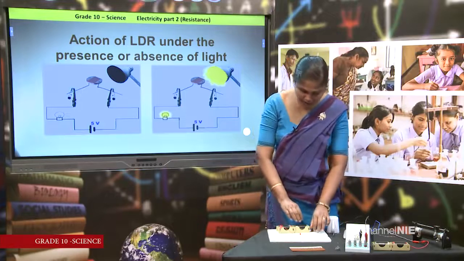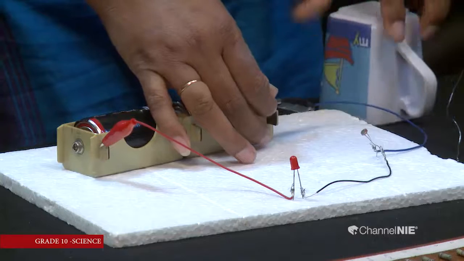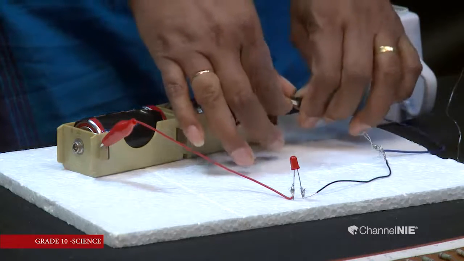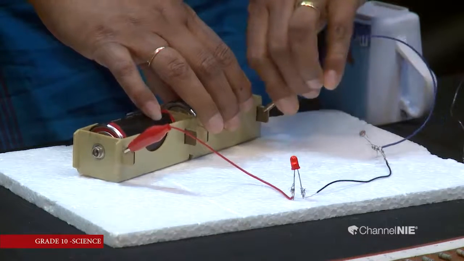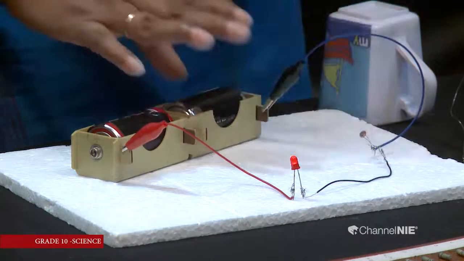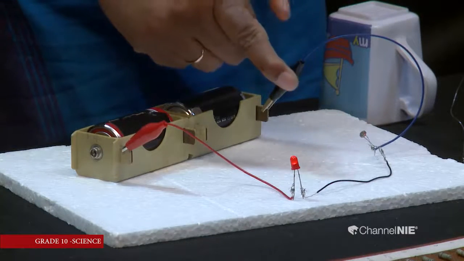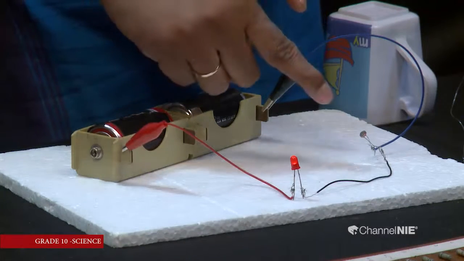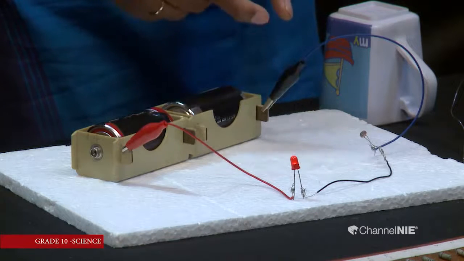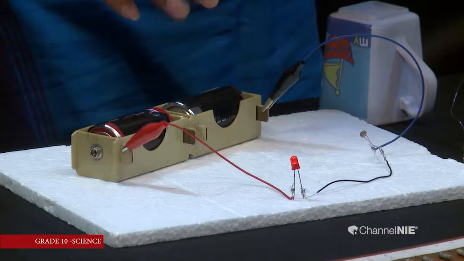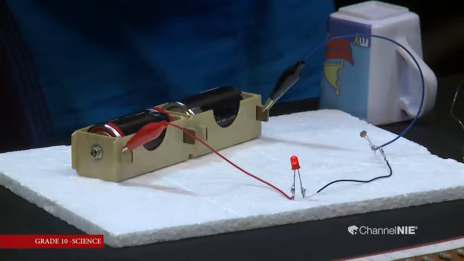Now, I am going to show you this, children. See, when I connect the circuit, the LED is lighted, right? That means light falls on the LDR. When the light falls on the LDR, its resistance decreases and current flow increases and the LED is lighted.